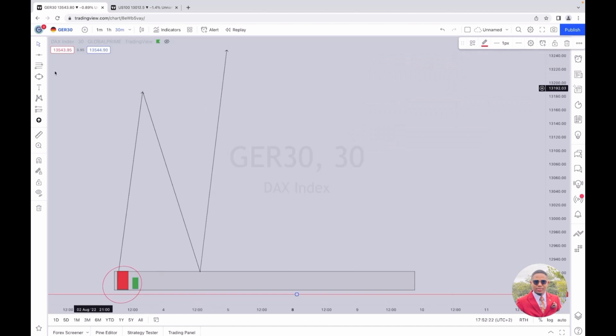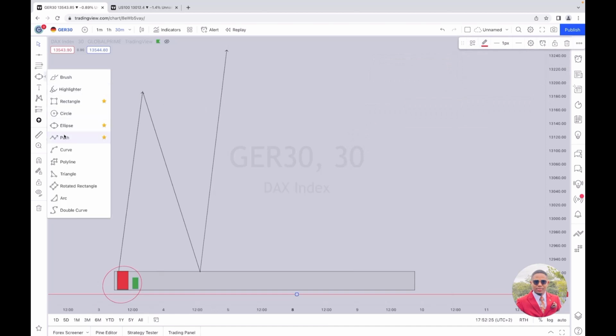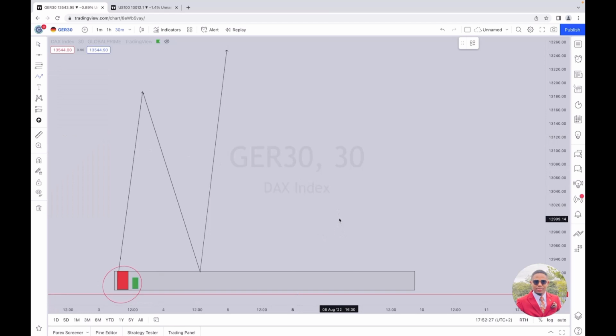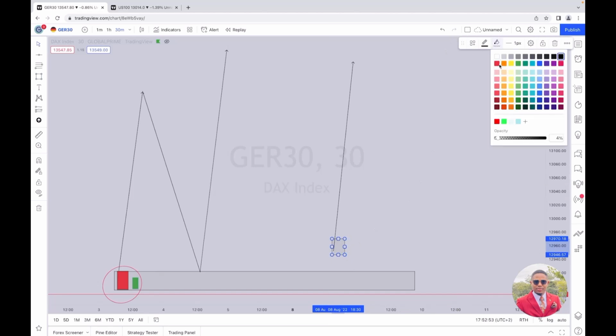Okay, so example number 2 again. Like I said, price is going to do what is known as a rally, right? When it does a rally here, you are going to identify your ER candlesticks again.